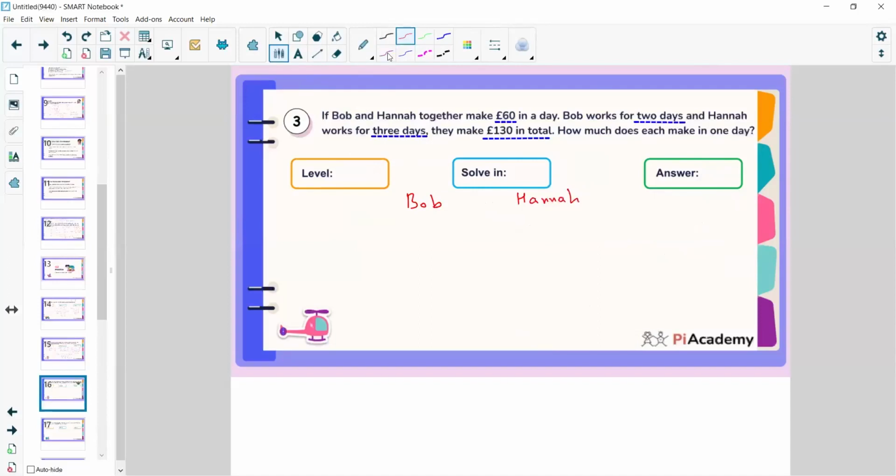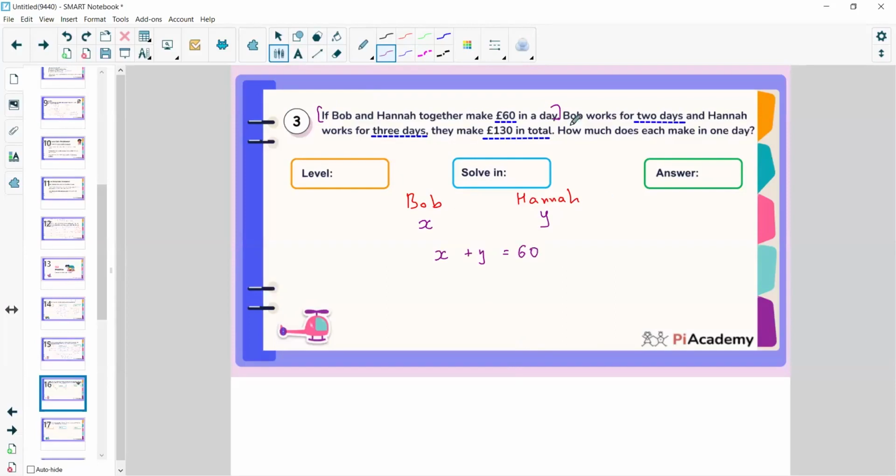Okay. Now, let's assign the variables. Let Bob earn x pounds in 1 day, and let Hannah earn y pounds in 1 day. And what is given? Bob and Hannah together make 60 pounds in a day. What does this mean? x plus y equals 60.